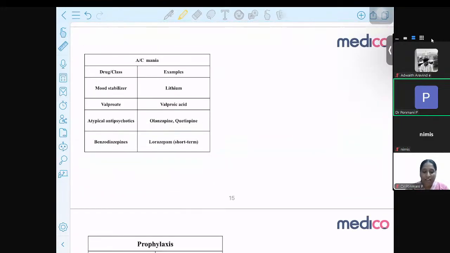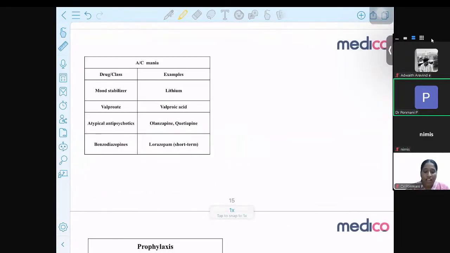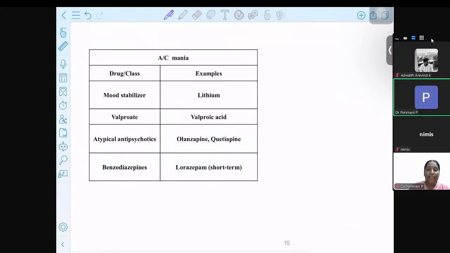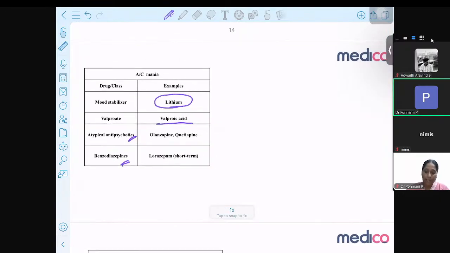Now we will have a quick look at what are the drugs used for mania. The drug of choice for mania is actually lithium. If not lithium, then valproic acid. And for prophylaxis, other atypical antipsychotics. And for immediate symptom relief, benzodiazepines, all these can be used. This we know already.